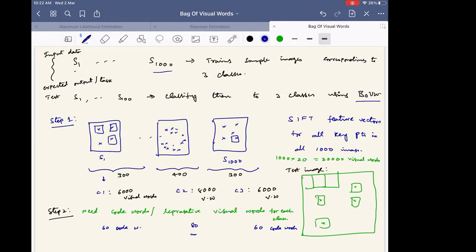I think that key point should be unique for each image. Okay. Any other students? Siddhartha? Okay, Saket?